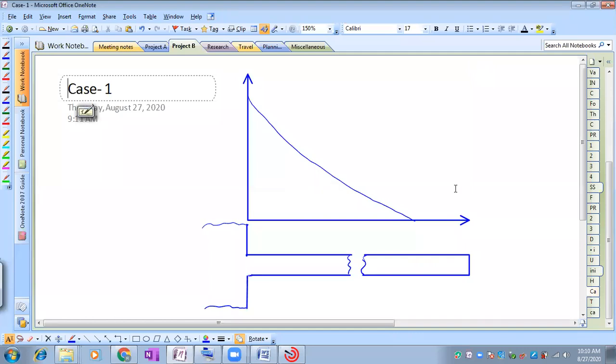Okay. So we are into case number 1, in which we are considering a fin of infinite length.